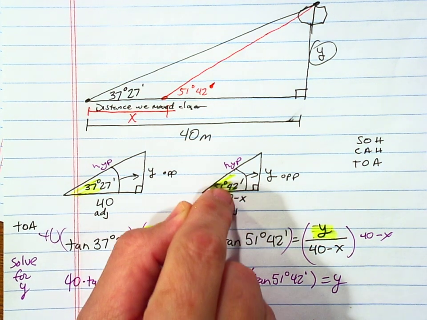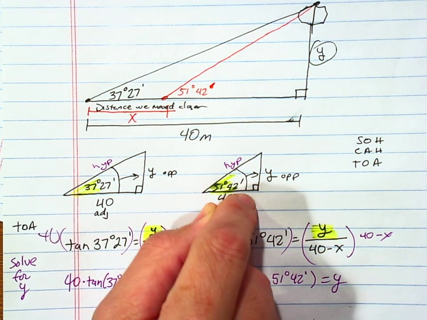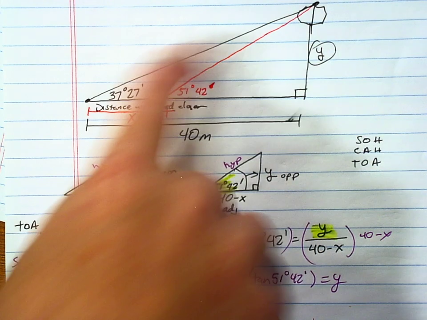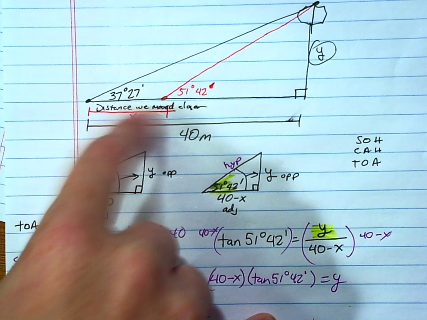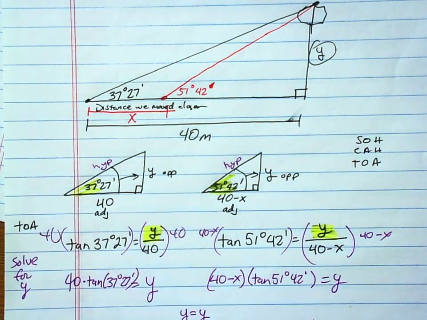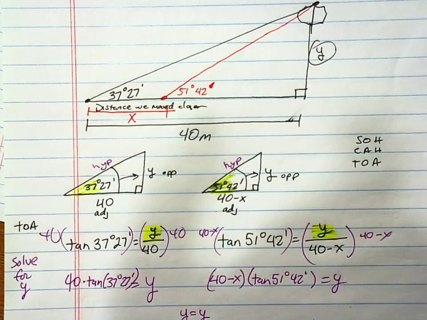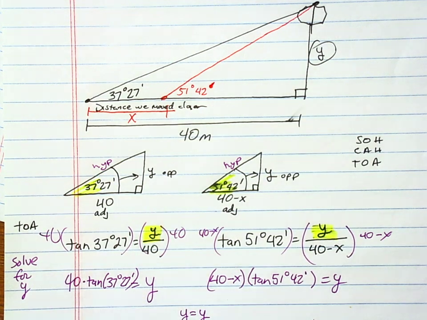But we are now 40 meters minus x from the tree because we walked a distance of x, so we have to take that off of the total distance that we were from the tree at the start. This is extremely typical of any type of angle of elevation or depression problem that you're going to get.